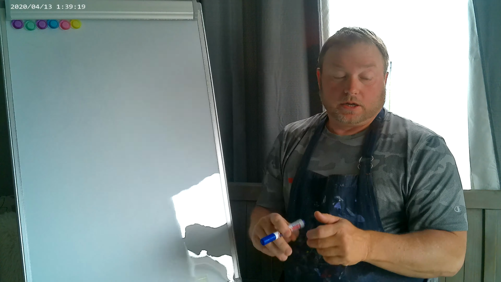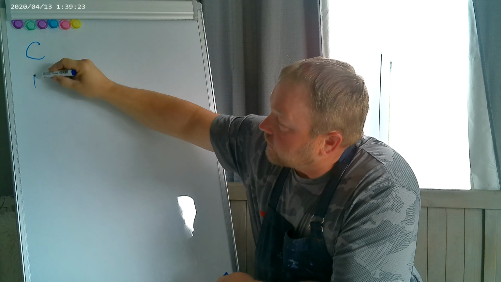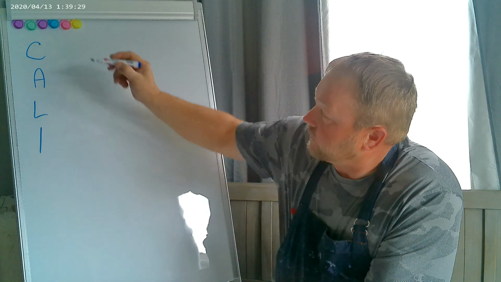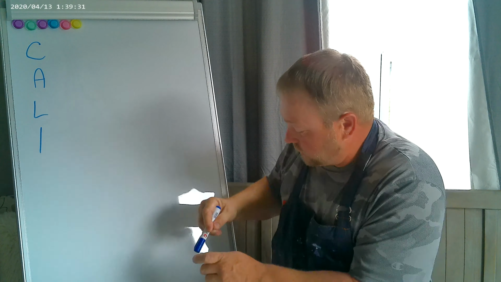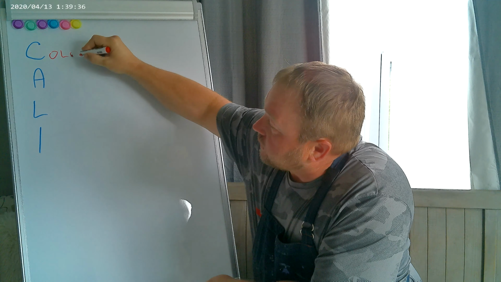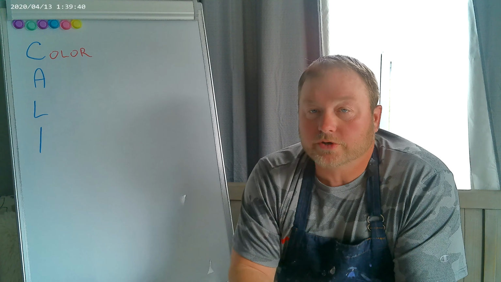Okay, the Cali Method. C-A-L-I, Cali. Now, for the C, that's going to be color. The colors that we choose are going to create cell action because of the weight of the pigments in the paint.